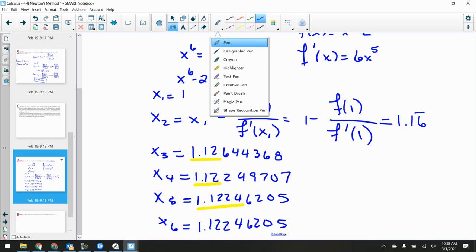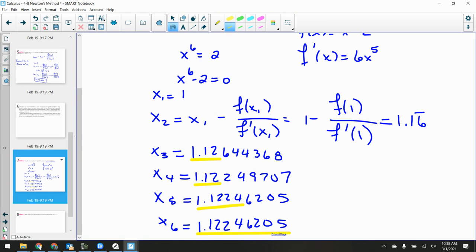So therefore I know that's a really good approximation of that root, for any purposes that you have. Probably going 4 decimal places was really good, but still.